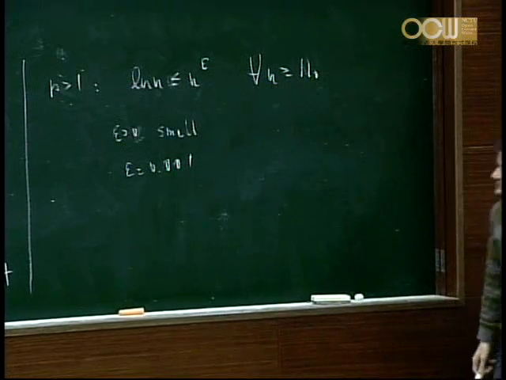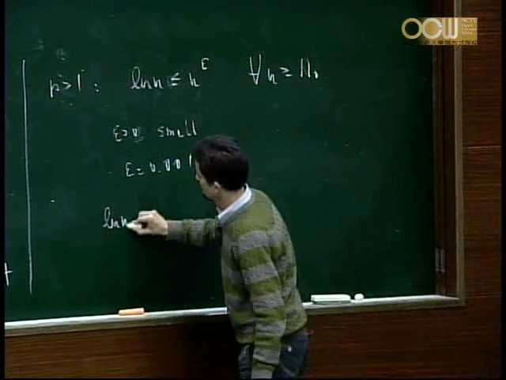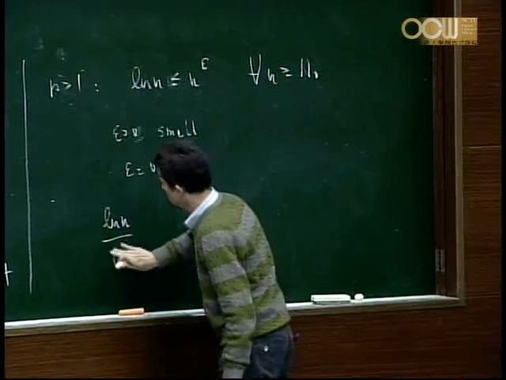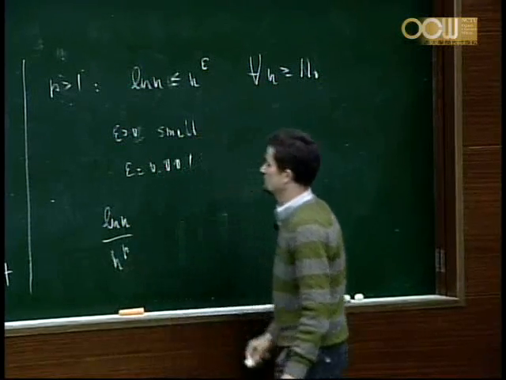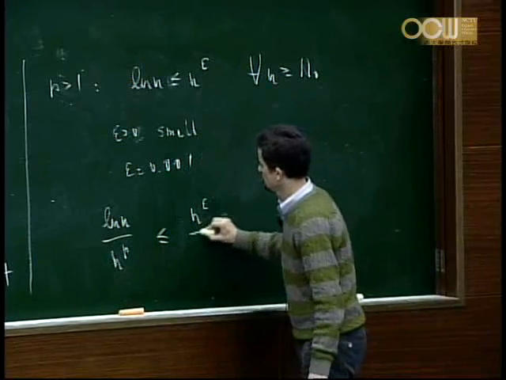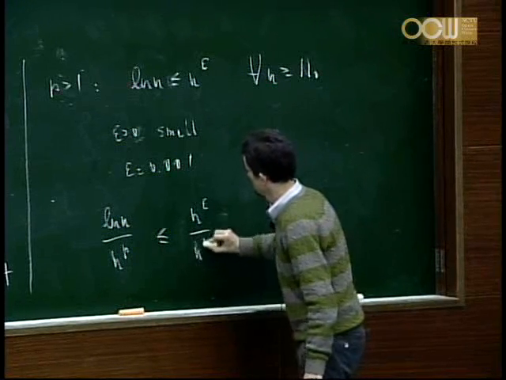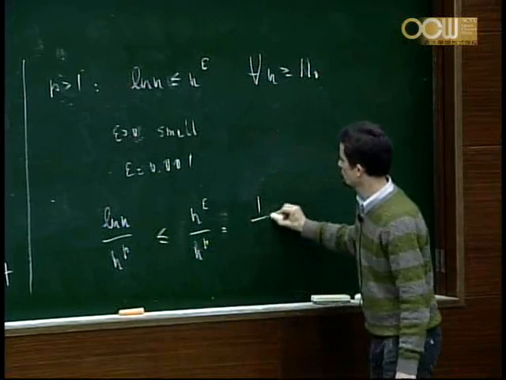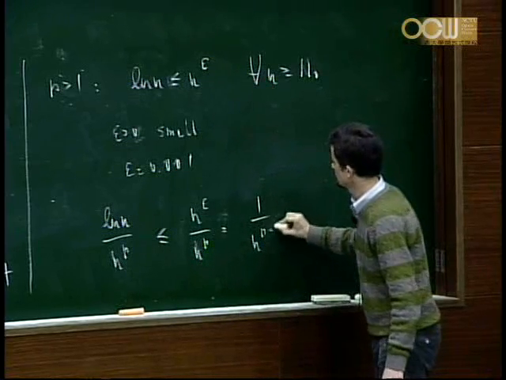But this means that ln n over n to the p will be smaller or equal than n to the epsilon over n to the p, and this you can write as 1 over n to the p minus epsilon.